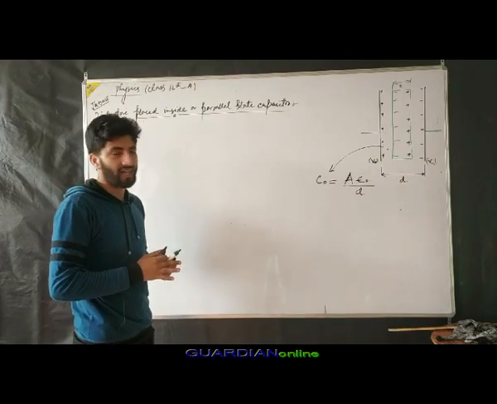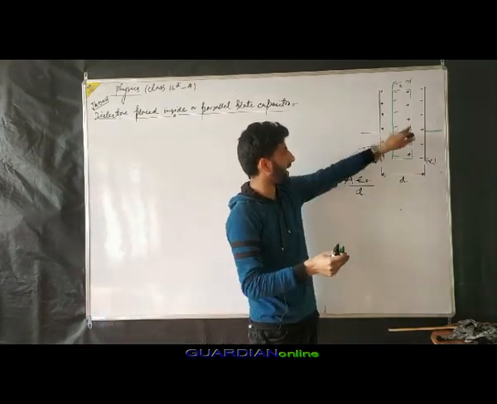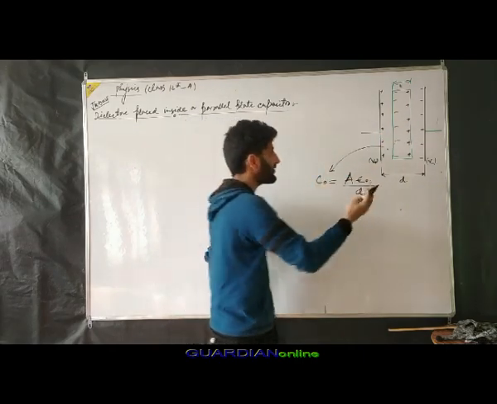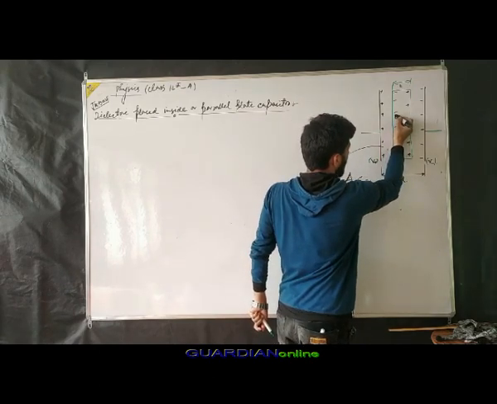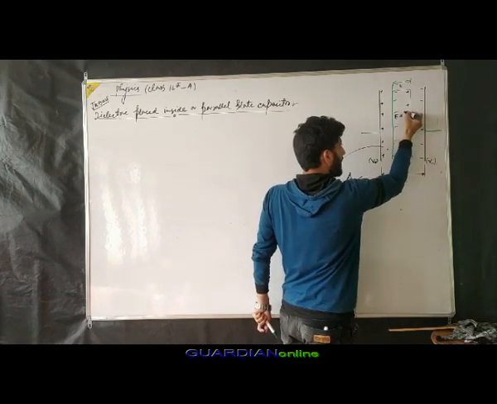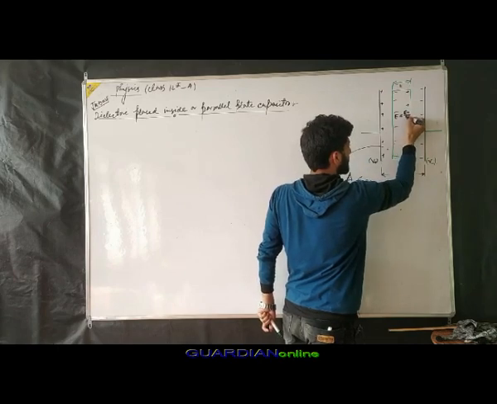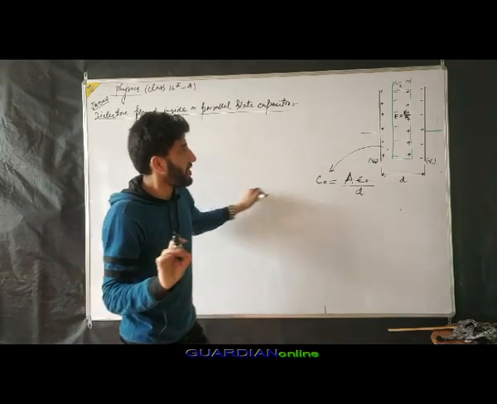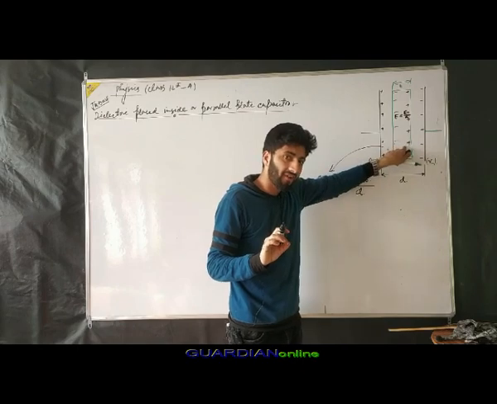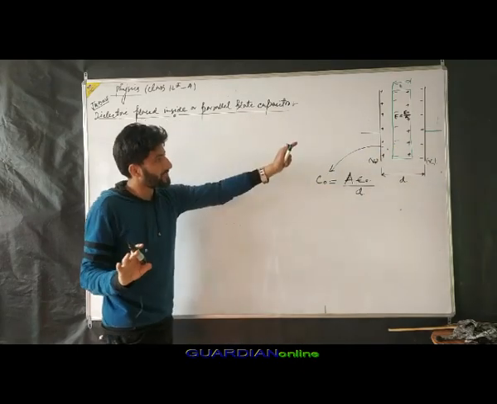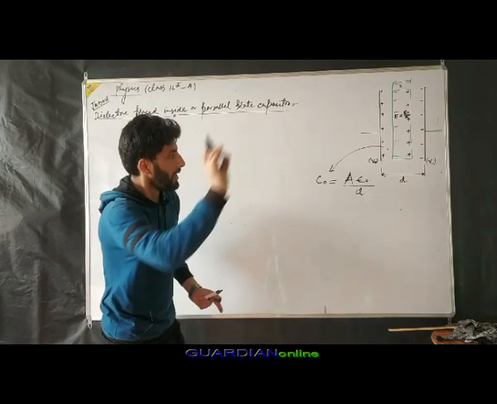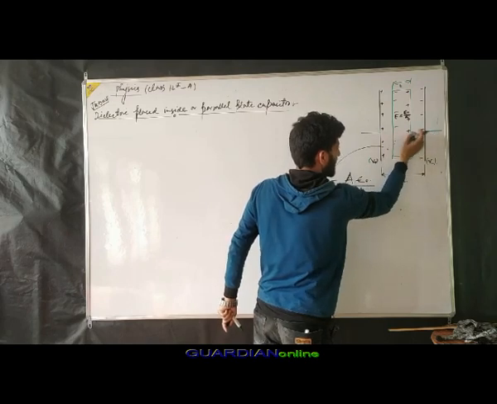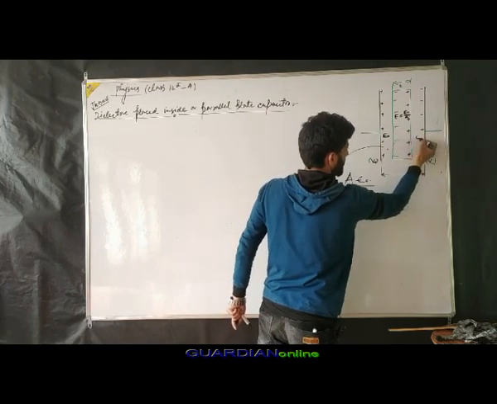Last time in the lectures we saw that the electric field inside a dielectric medium, if the external electric field is E naught, is the net field E equal to E naught divided by K, where K is the dielectric constant. So the electric field inside the dielectric medium is E naught divided by K, and in the free space region it is E naught.